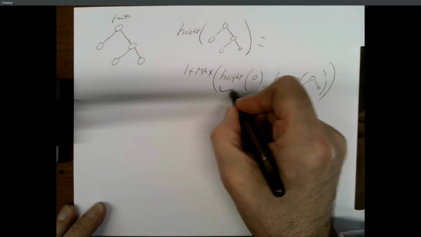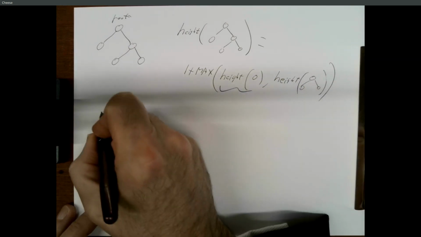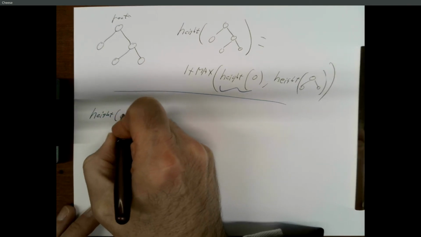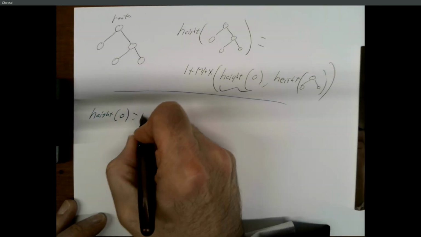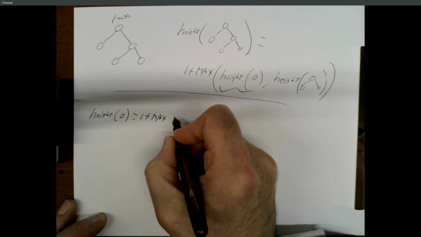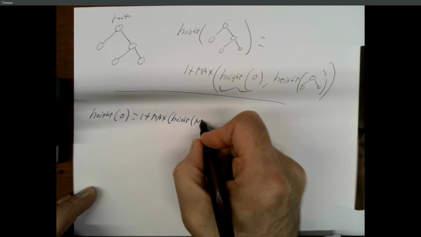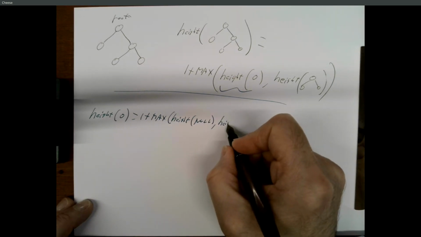Okay, how do I calculate the height of this? That's equal to, so let me make a new call frame. So the height of this node, single node tree, is equal to 1 plus the maximum of the height of the left subtree, which is null, and the right subtree, which is also null.